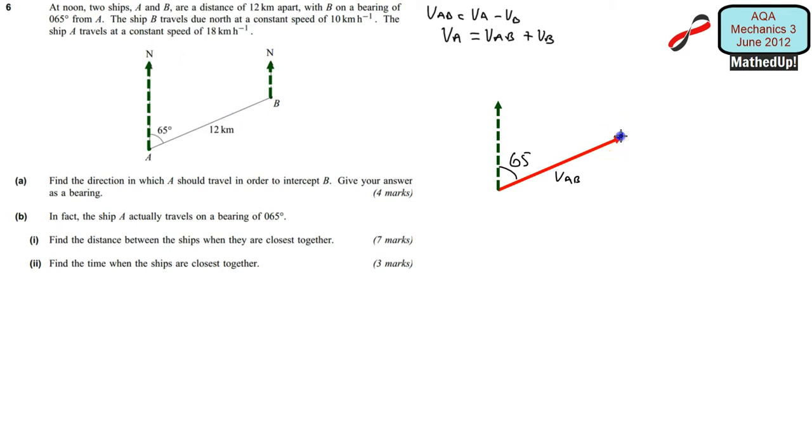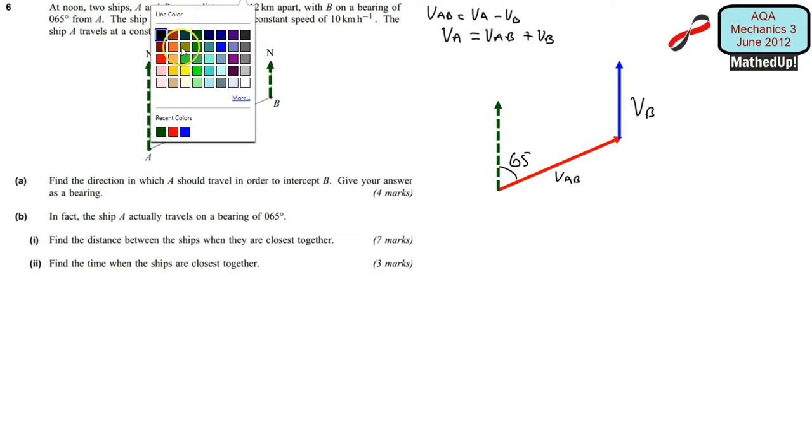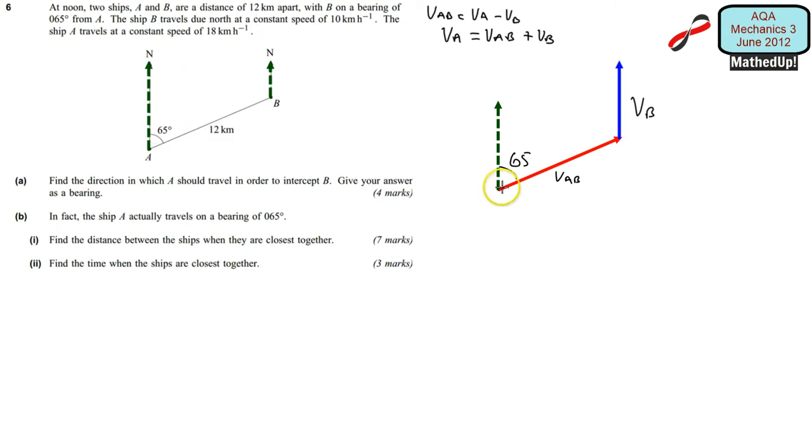Here I've got the velocity of A relative to B, and over here I've got the velocity of B, and these two added together should give me the velocity of A. I know my velocity of B is 10 kilometers per hour, and my velocity of A is 18 kilometers per hour, so I'm just going to write an 18 over here.